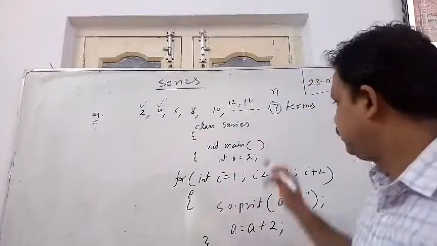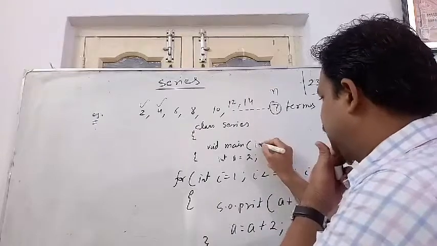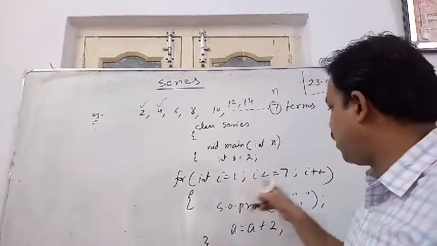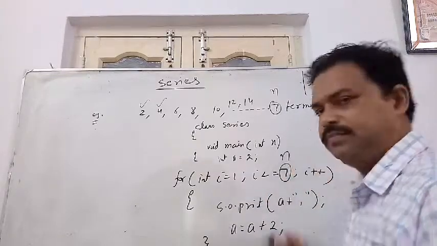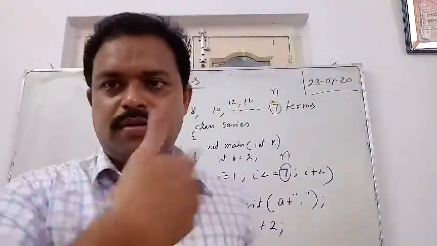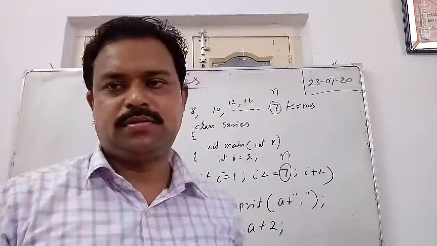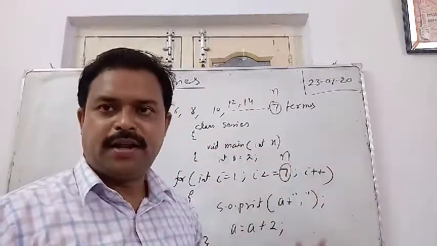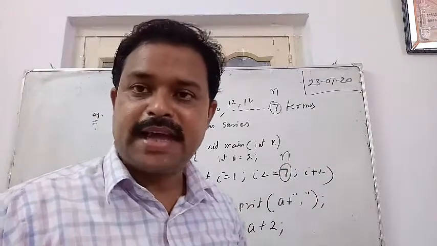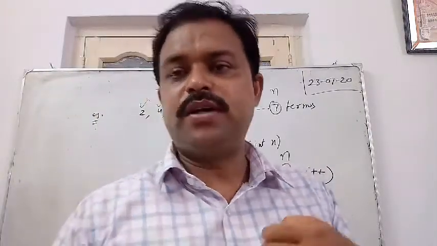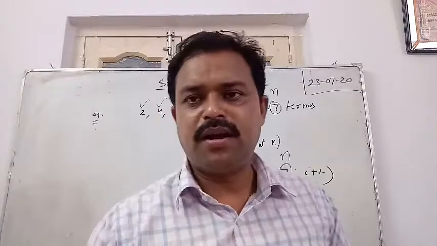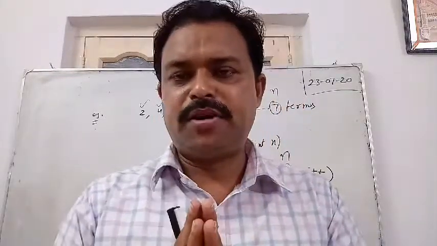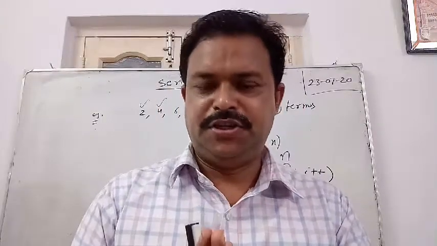In that case, int n, ask the value of n from the user, and instead of writing 1 to 7, we write n here. So the loop will run n times. N the user will decide. And what is the role of n? It is nothing but the number of terms. So this is a very important part in series.